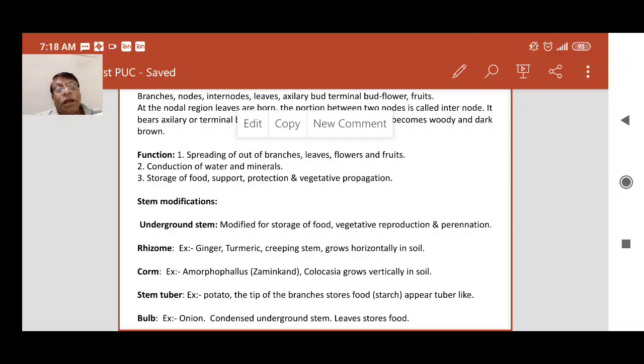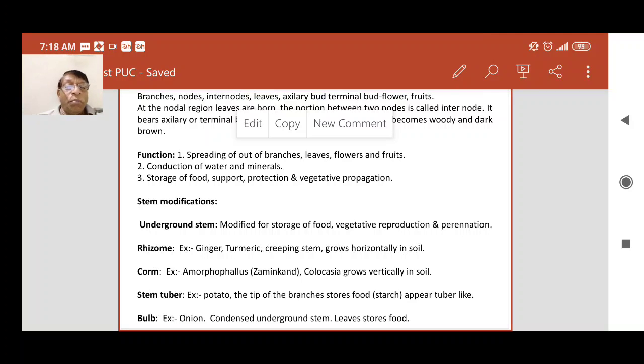Example, rhizome: ginger, turmeric, banana, Koram, Amorphophallus, Colocasia. Stem tuber: potato, not sweet potato. Sweet potato is a modified root.